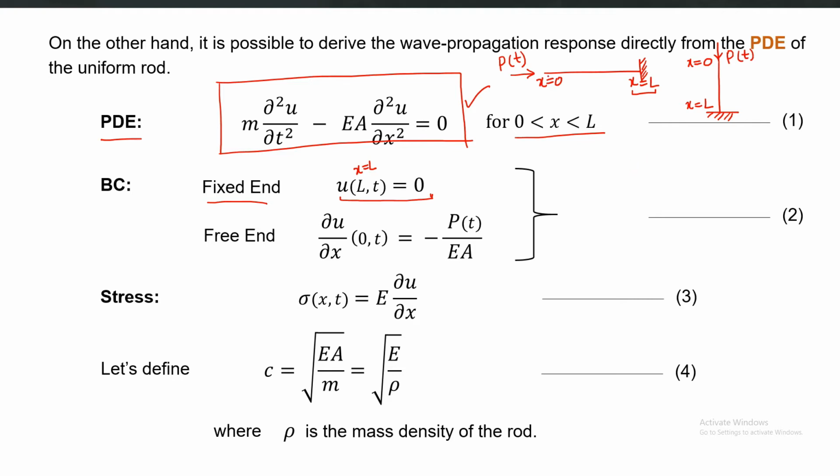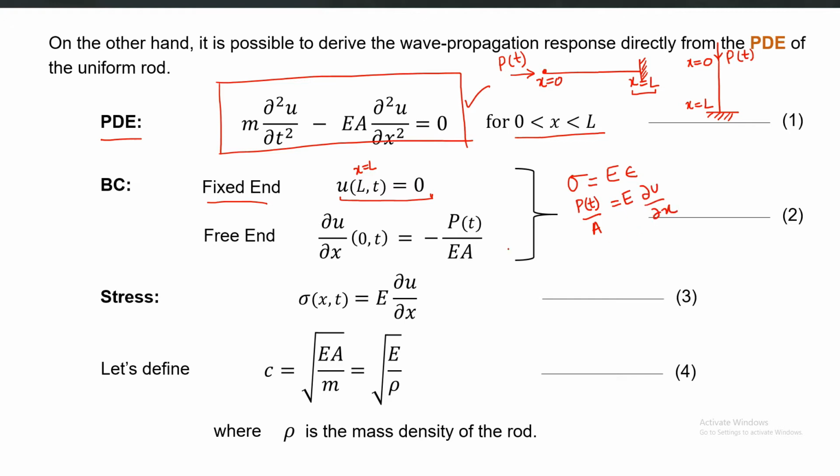If there is no applied force, then this displacement gradient is also 0. But we now know that it is applied with some force P of t, and therefore the displacement gradient, or the strain at the free end, will be the applied force divided by EA. We know that stress is equal to the Young's modulus E times the strain, so P of t divided by cross-sectional area becomes stress, which equals the Young's modulus times partial u over partial x.